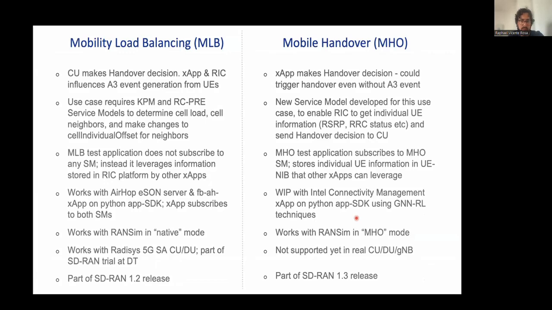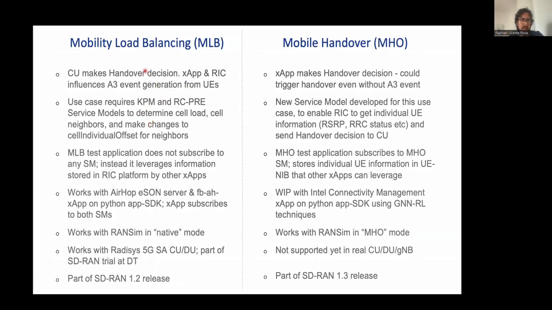To give a good example of the two use cases that were defined, one of them is mobility load balancing and another one is mobile handover. Both of them were defined based on two service models that were specified by ONF and other partners.